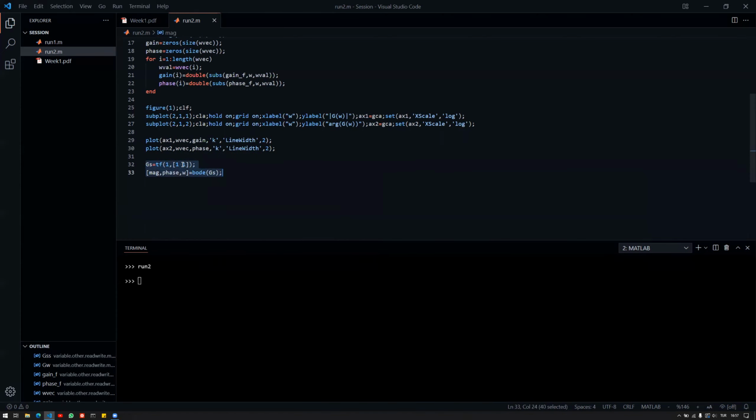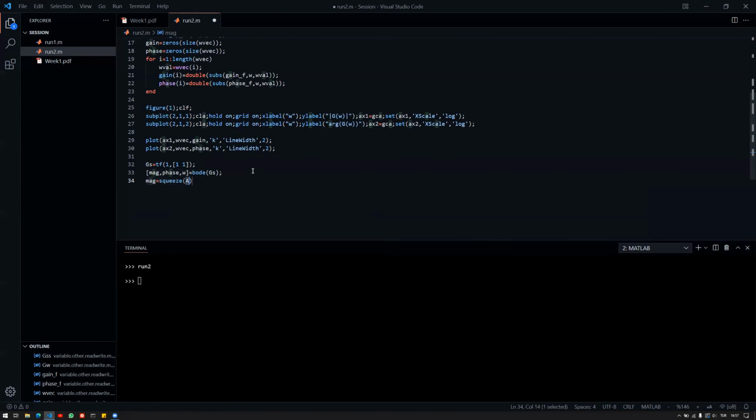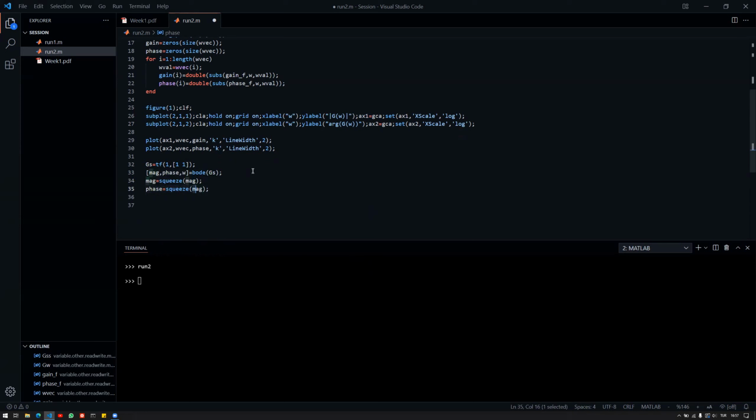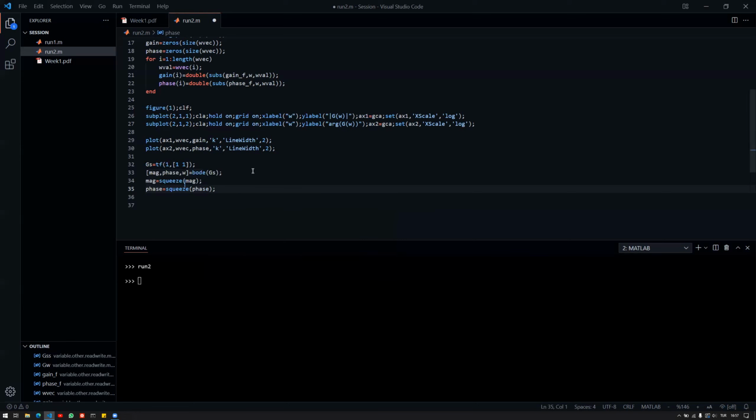So if we use it like this, let me also add a little piece that is squeeze. The squeeze will get rid of extra dimensions because the bode plot is not really meant for only single input, single output systems. You might have multi-input, multi-output systems.